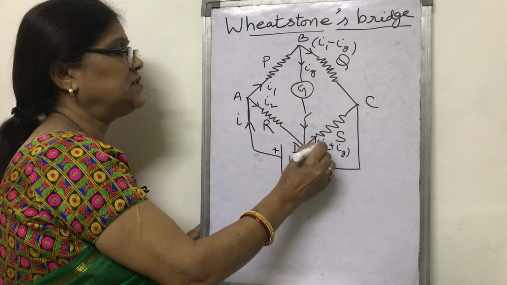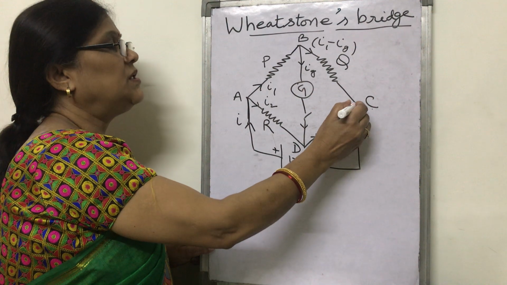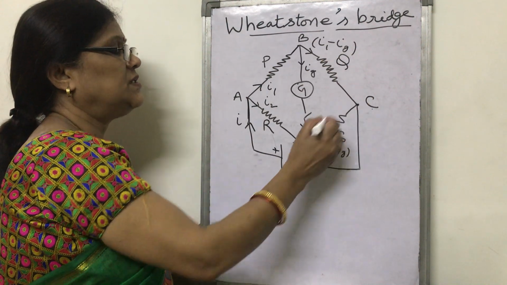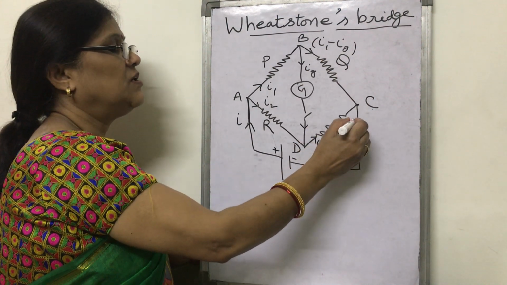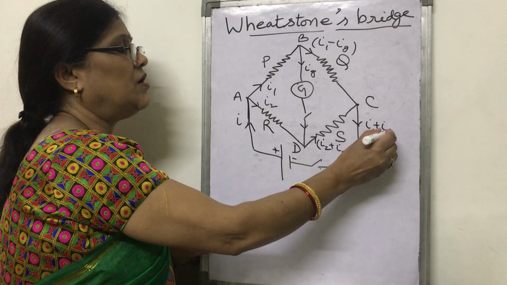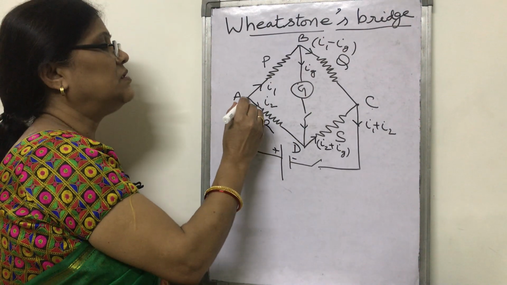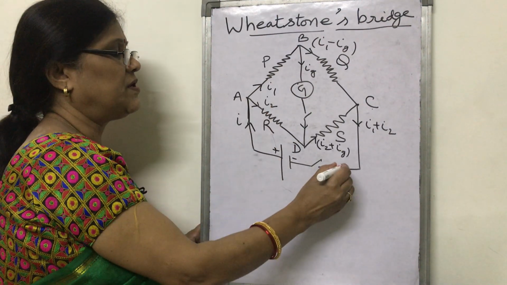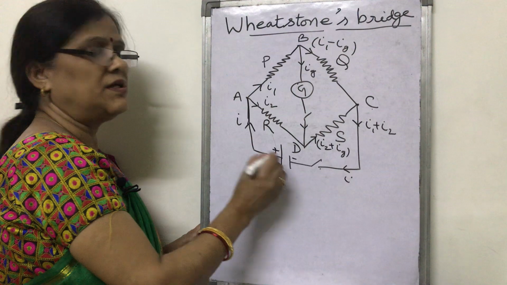Now at point C, we have I1 minus IG and I2 plus IG, so this becomes again I1 plus I2. And what is I1 plus I2? This is I. So the same current I reaches the negative terminal.